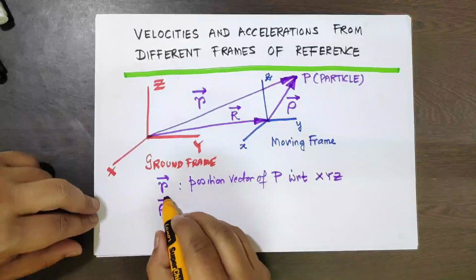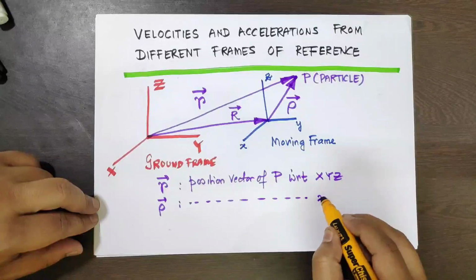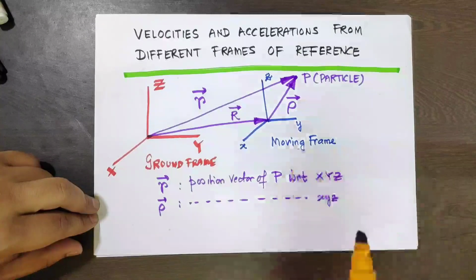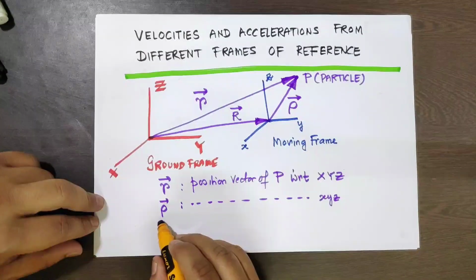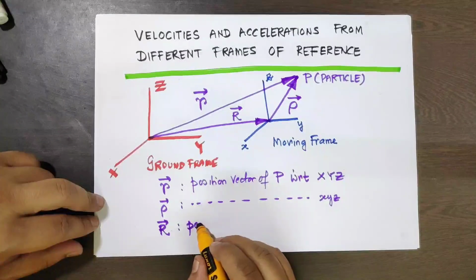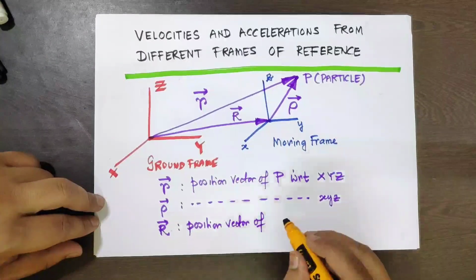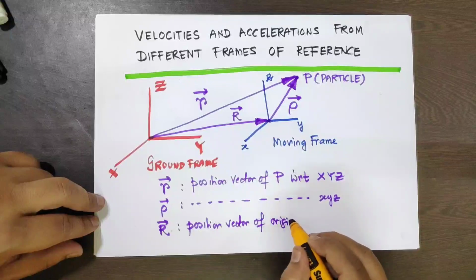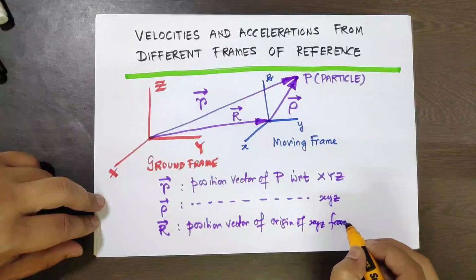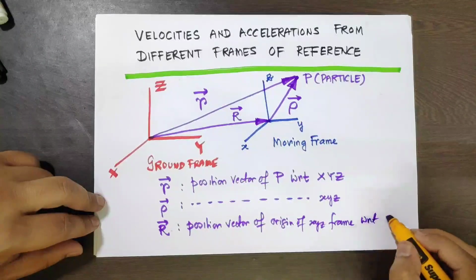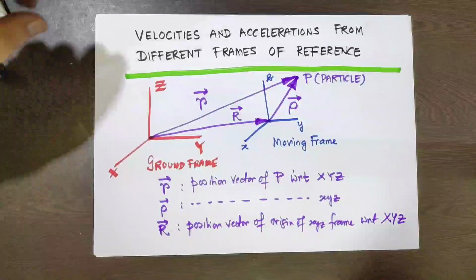Now rho is the position vector of P with respect to small x, y, z, that is the moving frame, and this capital R is the position vector of the origin of the small x, y, z frame with respect to the ground frame, right?